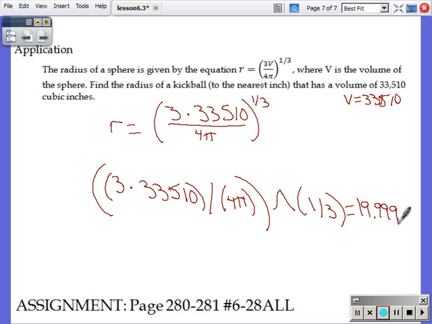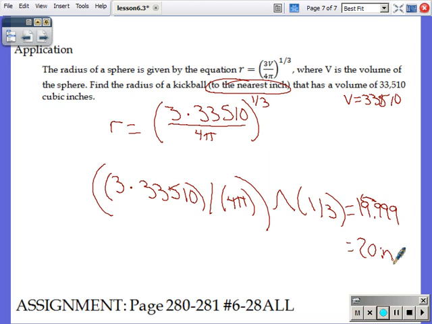19.999. These continue for a while, but notice that it says to the nearest inch. This 9, going to bump my other 9 up to 20 inches for my radius. Do not round along the way.